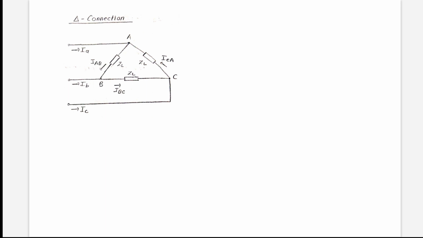Well, the phase currents are IAB, IBC, and ICA. These are for each phase, they have these currents. And what about the phase voltages? Well, VAB, VBC, and also VCA.